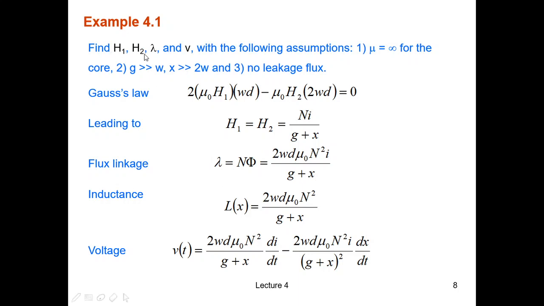In this example, we need to find H1, H2, lambda the flux linkage, and the final one is the induced voltage. After you find the flux linkage, you can calculate d lambda by dt to get the induced voltage.